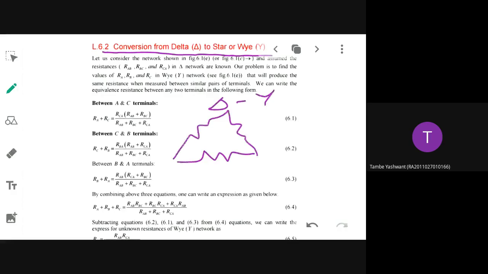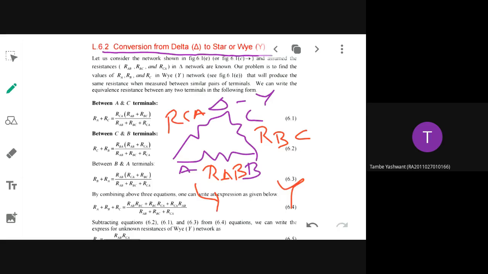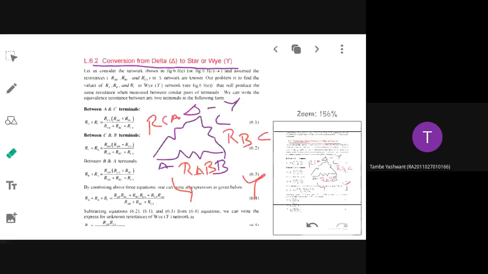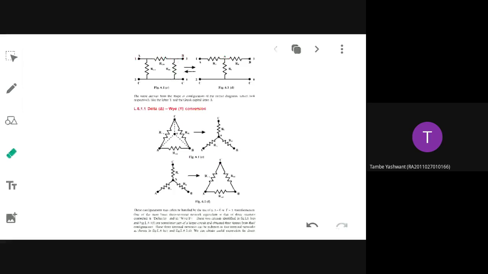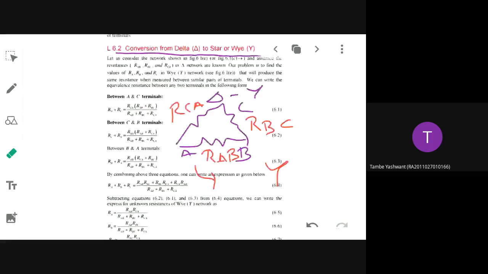A, B, C are the three terminals. This resistance is RAB, this resistance is RBC, this resistance is RCA. This is known to you, and you want to convert it into an equivalent star. Star will be like this.